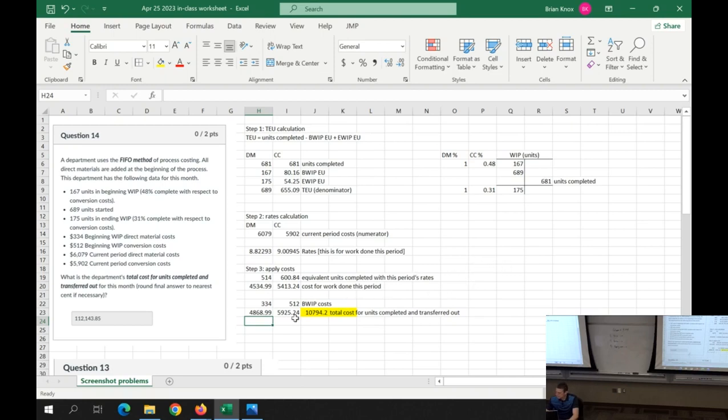Could you go to cells H16, I16, please? H16 and I16. Just taking the costs divided by the TEU, current period cost, because we're in FIFO.